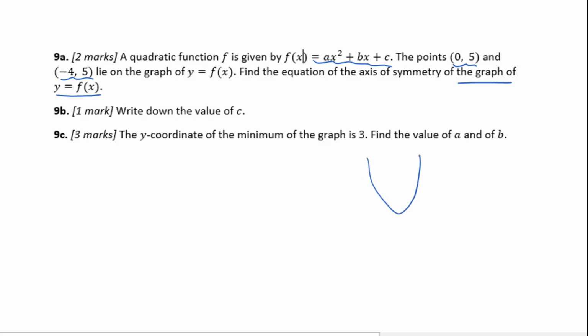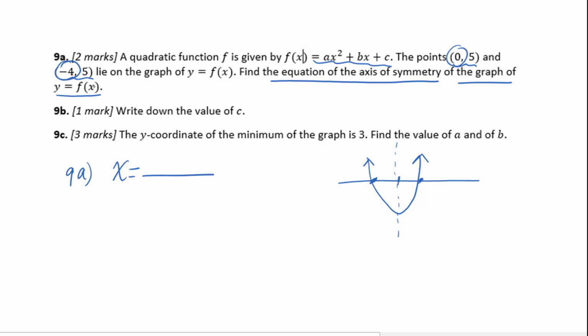Whenever we have a quadratic function, if you draw a horizontal line, you will get two intersections like this. Then the midpoint will be the axis of symmetry. Since (0, 5) and (negative 4, 5) form a horizontal line, you will write down x equals.